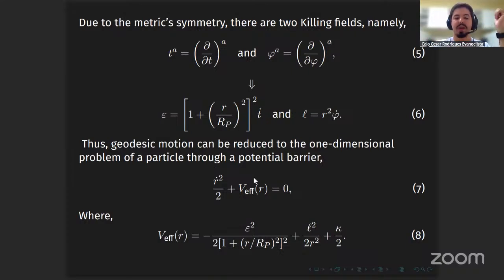So you usually have on the right-hand side of equation 7, instead of 0, the total energy. However, due to the structure of the platypus, they are kind of coupled, and you get this form. It's worth mentioning that this R_P is just a natural length scale that happens in this spacetime, so we can write it from the metric.